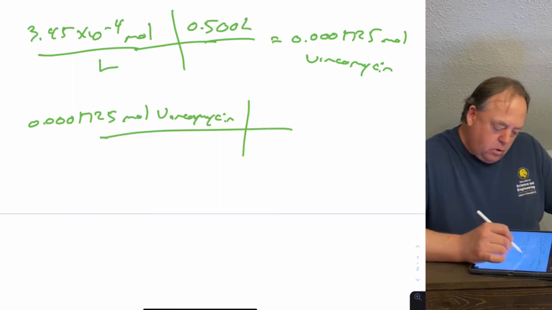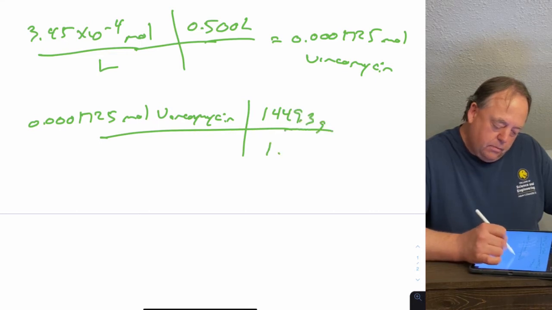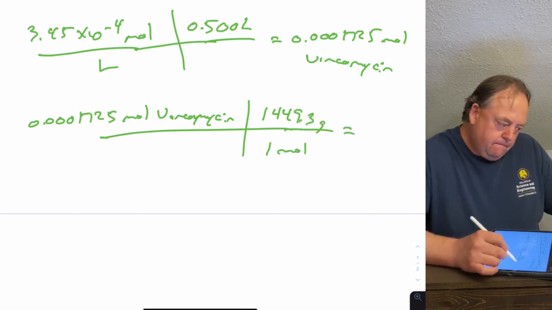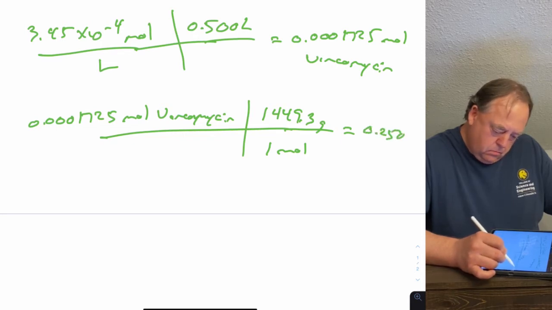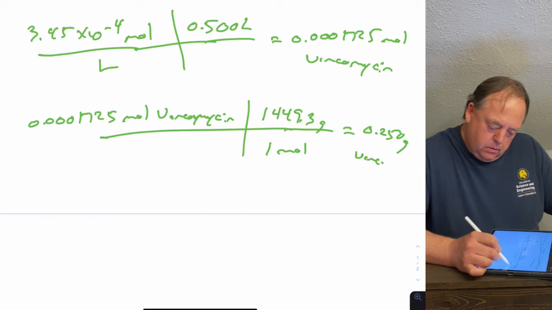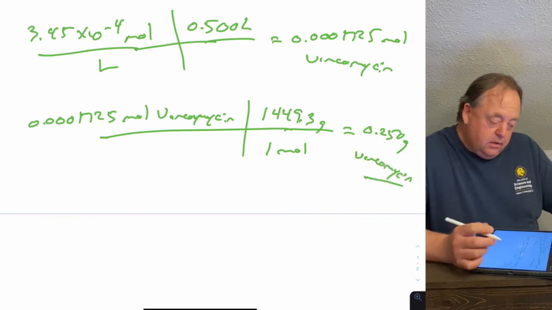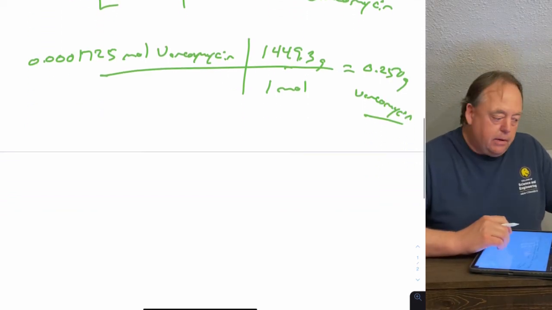We calculated the molar mass to be 1449.3 grams per 1 mole. So you would need 0.25 grams of vancomycin.